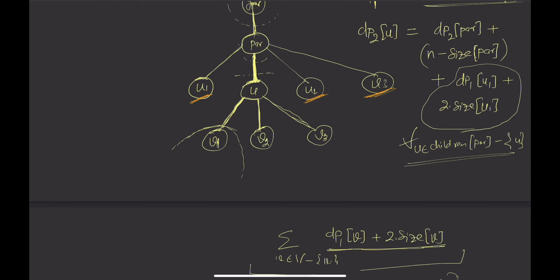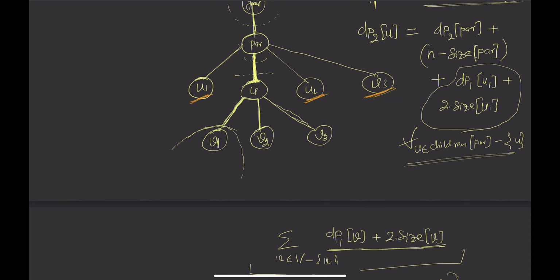I think for dp2, let's not write in the parent's terms, let's write in u's terms only. So dp2 of u in terms of u only, not in the parent's terms. Okay, so then it will be easier.